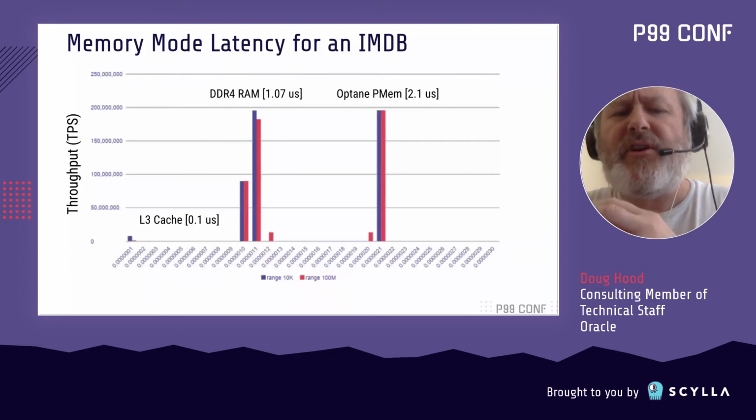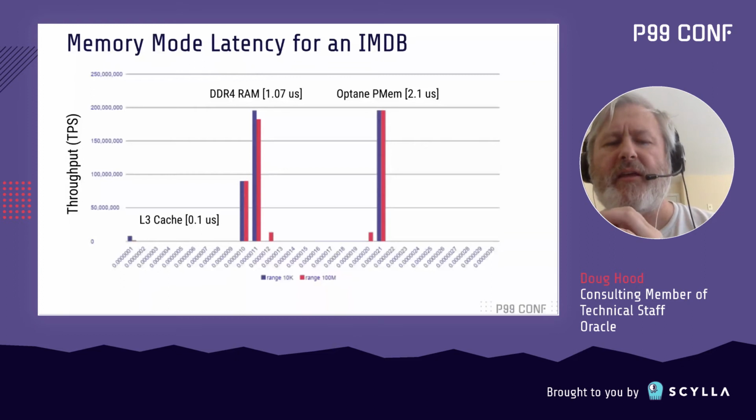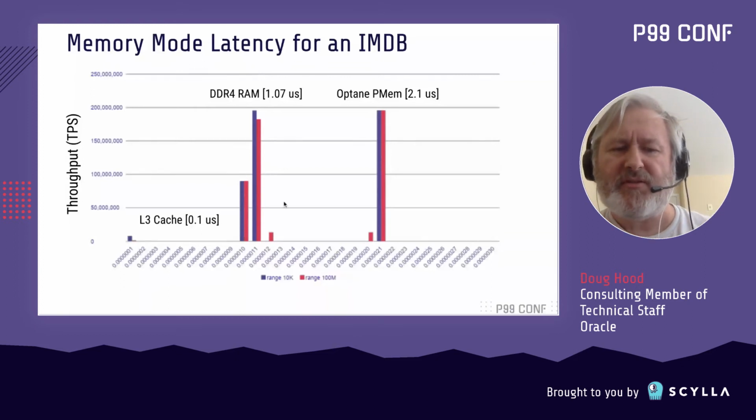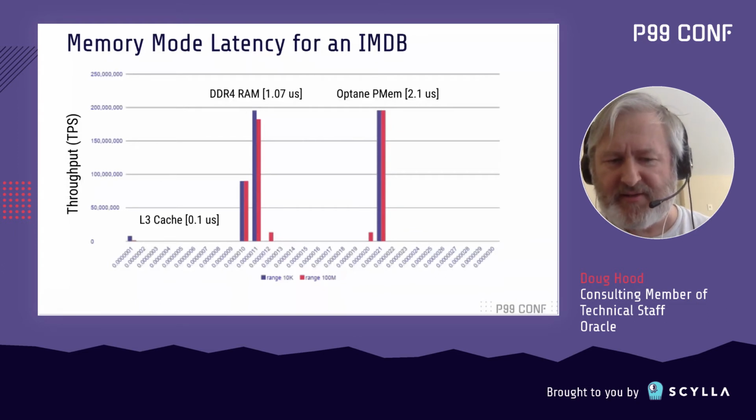So here's a result. What we're looking at here is actually 3 distributions. There's a distribution here for DRAM, there's a distribution for persistent memory, and there's a distribution there for L3 caches. Based on the scale, you can't see it, but there are actually some values there and some values there.